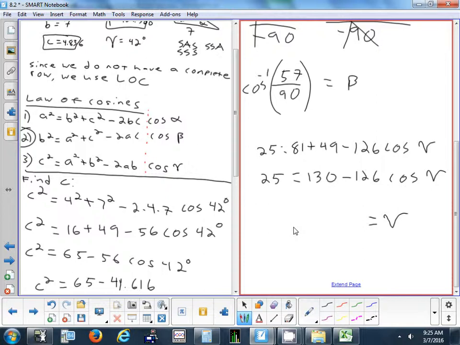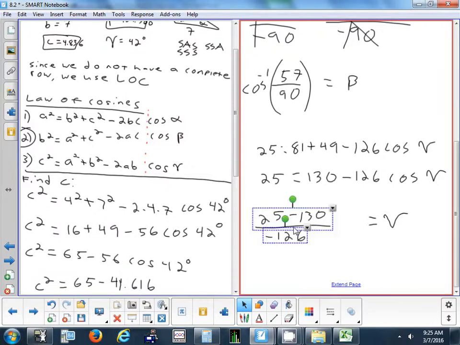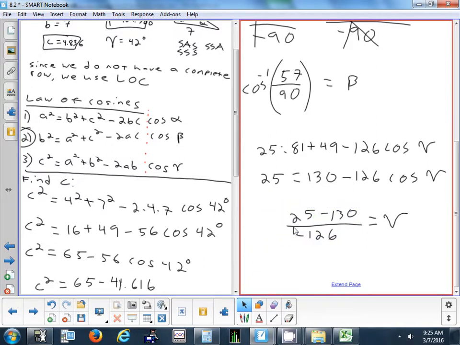Now I'm going to move everything at once. 25 minus 130. And then divide by what? Negative 126. And lastly, how would I get rid of my cosine? Take the inverse cosine.